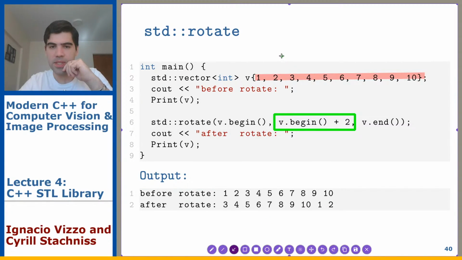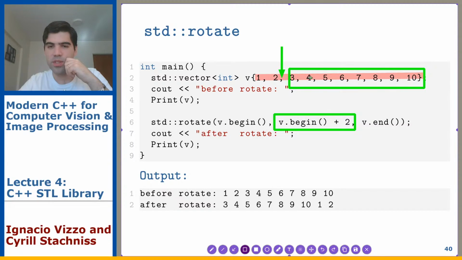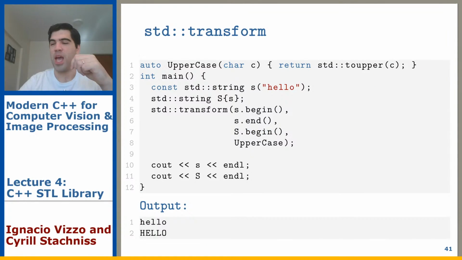This is basically pointing to this right place in here, and then you will rotate shift from this point. If you see the output after the rotation, it will start from 3, 4, 5, and so on, and then 1, 2. If you try this at your place, you will see that the results are correct. I'm going super fast because the idea is to give you a quick overview of what you can do, and not to really explain how this is implemented.